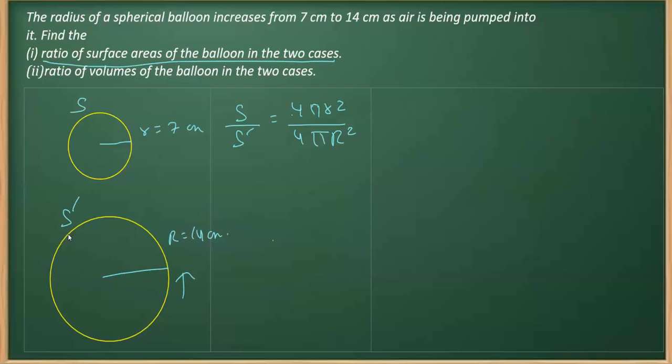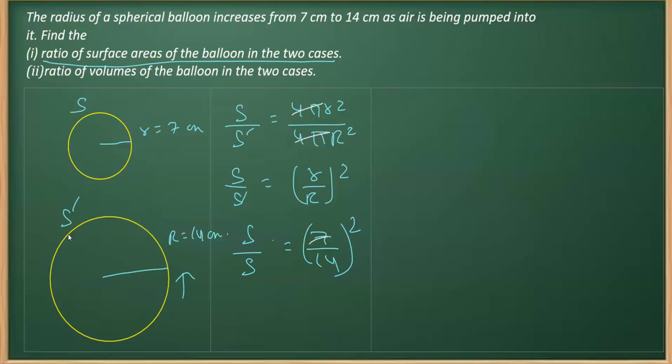Now, what we can do next here, we can reduce this. As we can see here, 4 pi and 4 pi get cancelled. So we get S over S dash is equal to small r over capital R whole square. That means we can replace small r with 7 and capital R with 14, and we have to get a square of it.